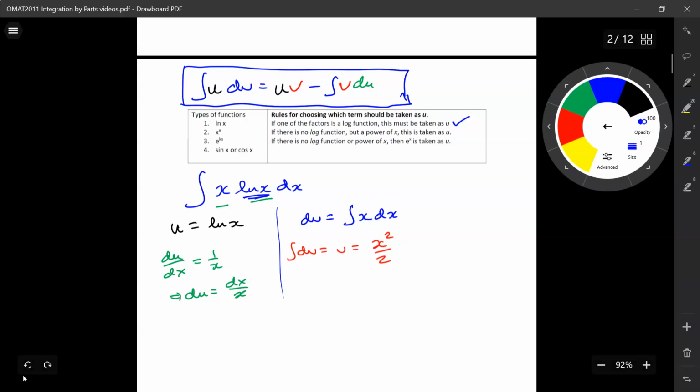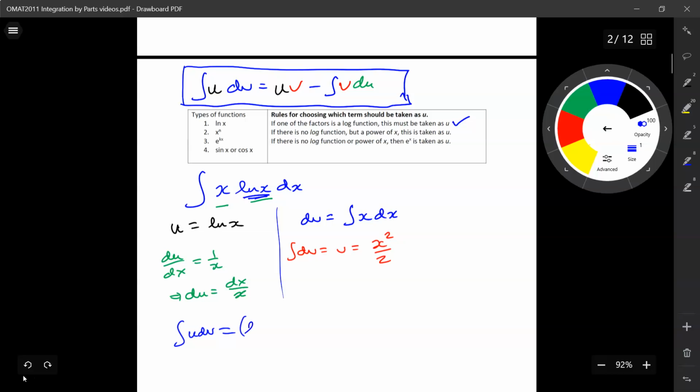So if we take our formula, the integral of u dv is equal to, and the first thing I put in is the u, which is the log of x. Sorry, that's the color code.